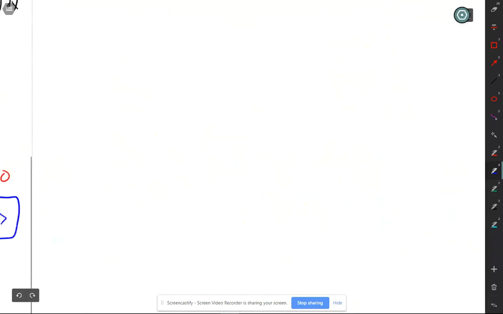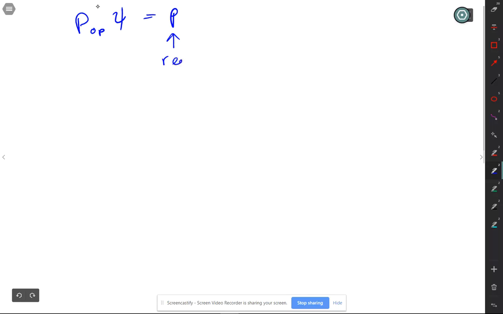Let's see, I'm out of space. So the way we test to see if it's a wave function of the momentum operator is if the P operator gives us a P that is times psi.